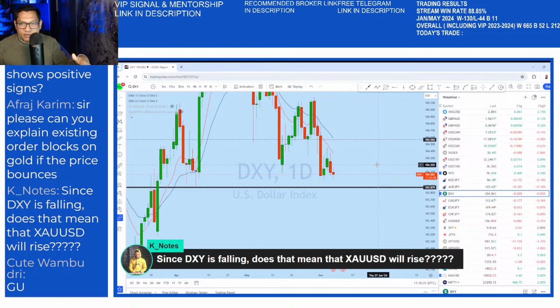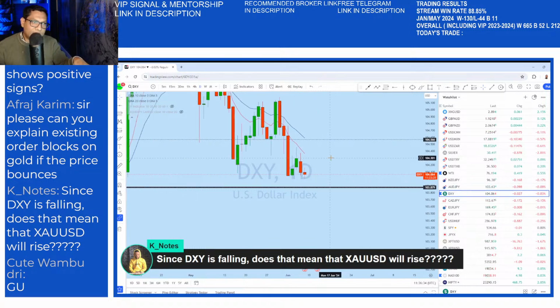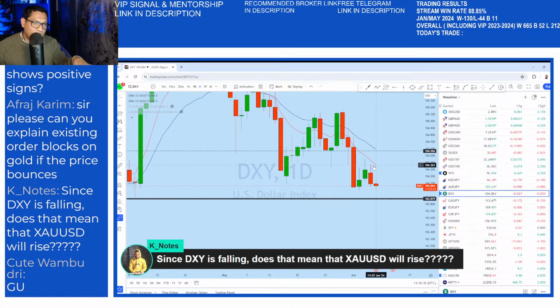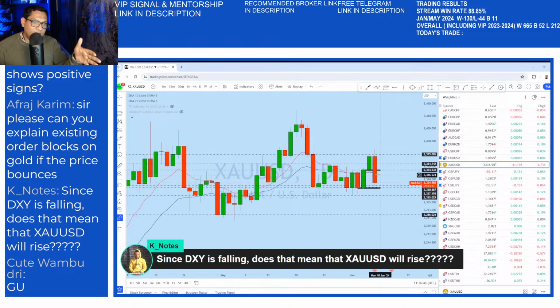In the past, normally gold and DXY acted as a mirror, but these days they don't always reflect. If I give an example, yesterday DXY was a red candle, a bearish candle. If you look at gold's chart yesterday, we can see that it was a bull candle, right? So fully mirror.